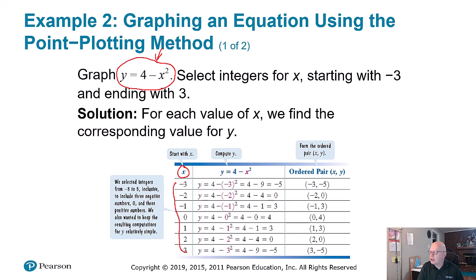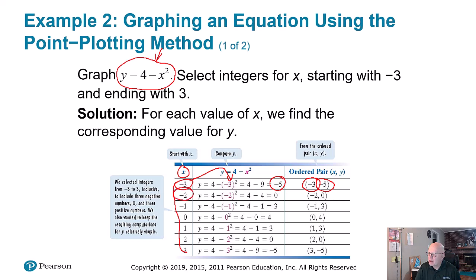Just put the x value in where the x is in your equation and see what you get. There's your -3 you had for x, and -5 is what the equation told you was the corresponding y value for that point. Just follow that.